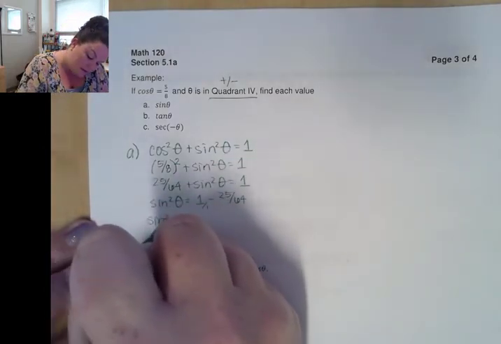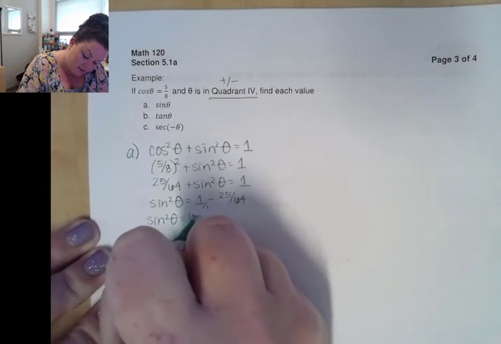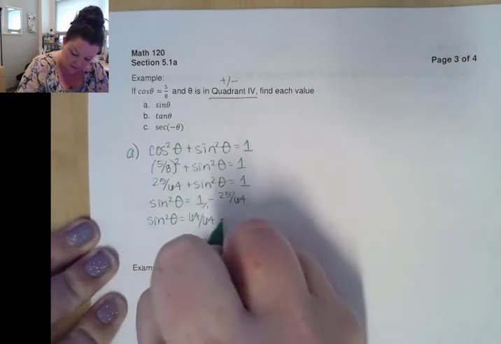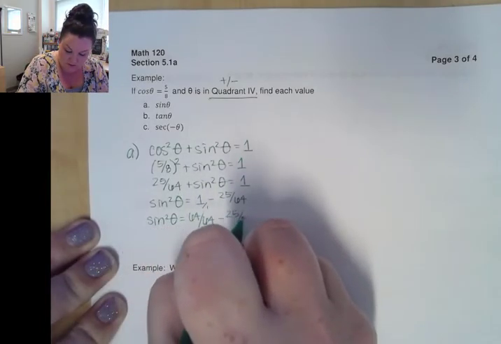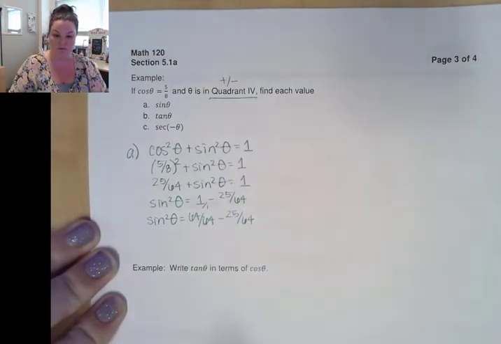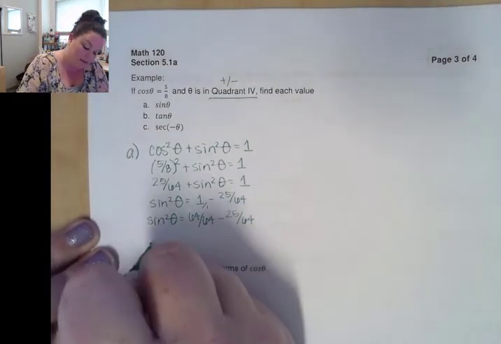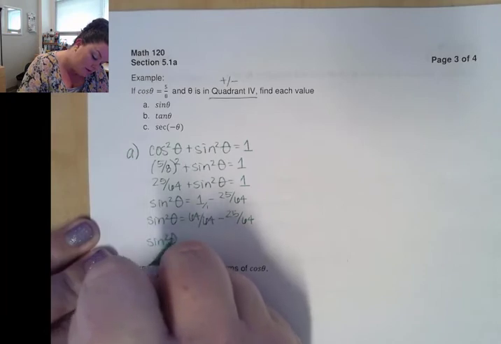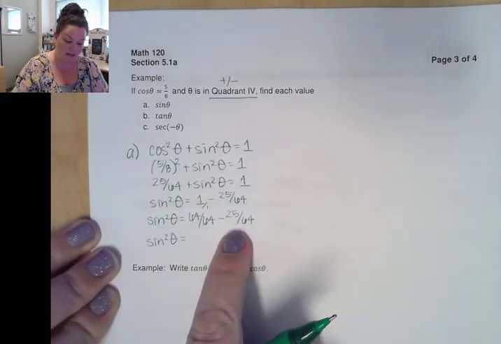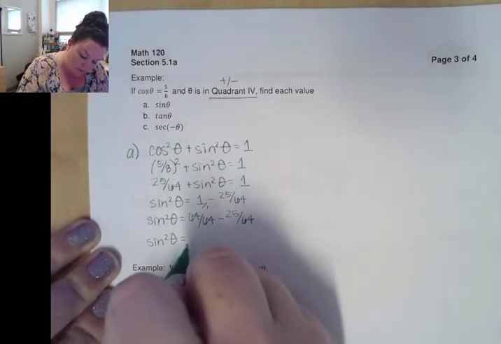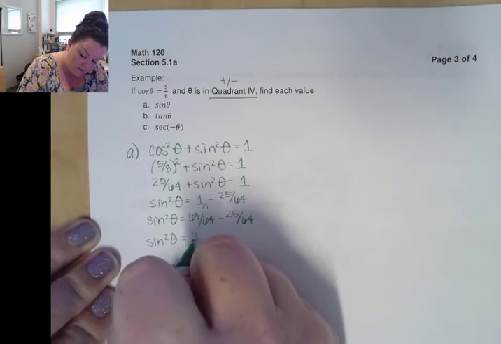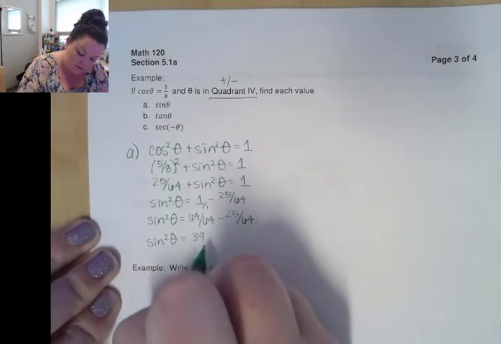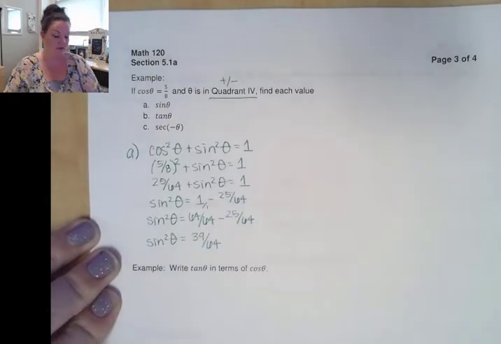So that means that sine squared theta is equal to 64 over 64 minus 25 over 64. And now we can go ahead and combine the tops. So this tells me that sine squared theta is equal to 39 over 64. Is that right?